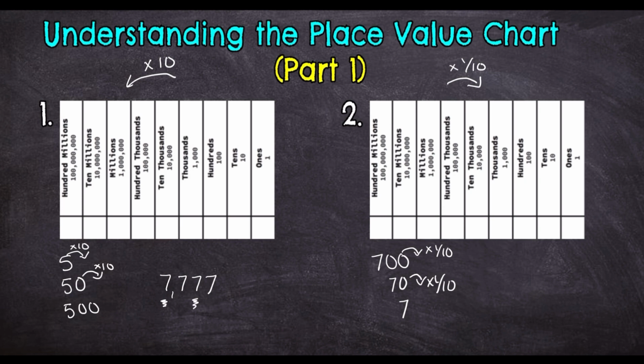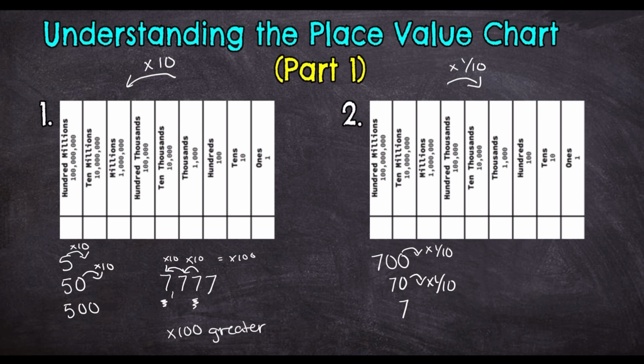Well, when we go from the 7 in the tens place to the 7 in the hundreds and then the 7 in the thousands, we're multiplying it by 10 2 times. And 10 times 10 equals times 100. So, when being asked, how much greater is the 7 in the thousands place to the 7 in the tens place? You would say 100 times greater.